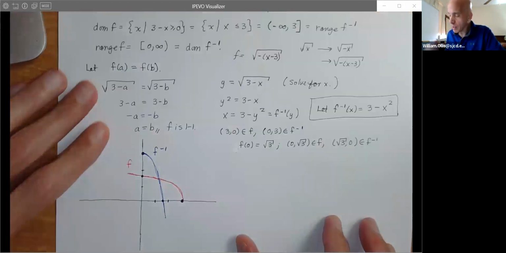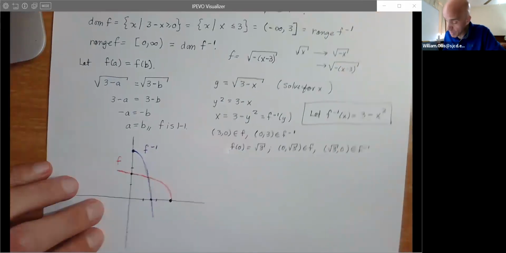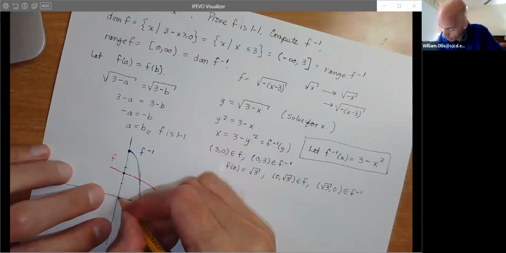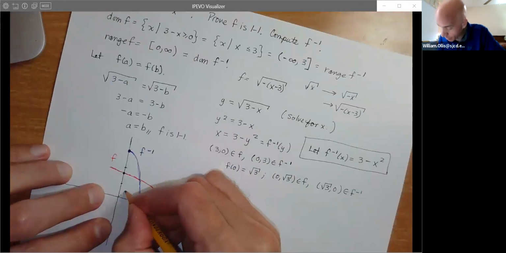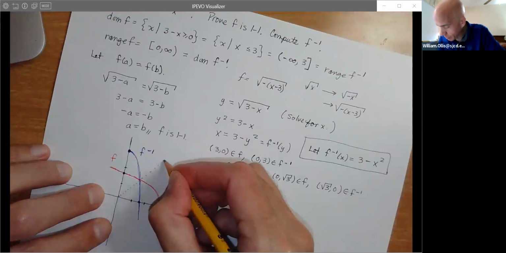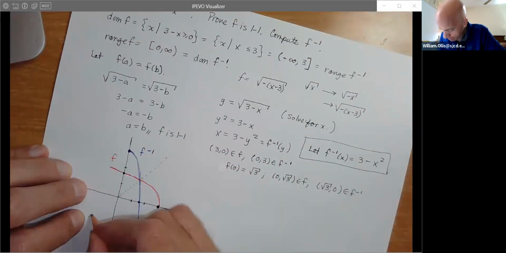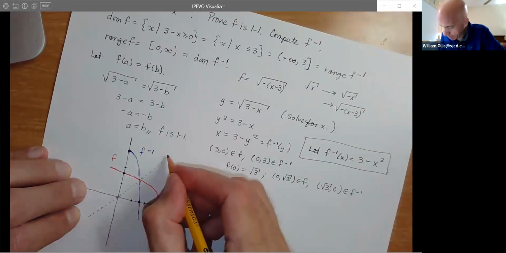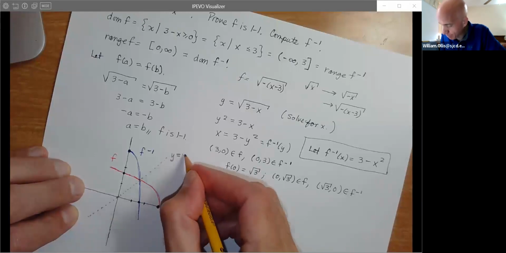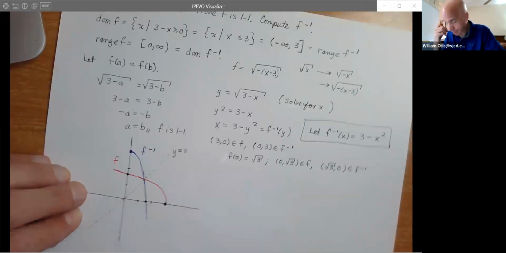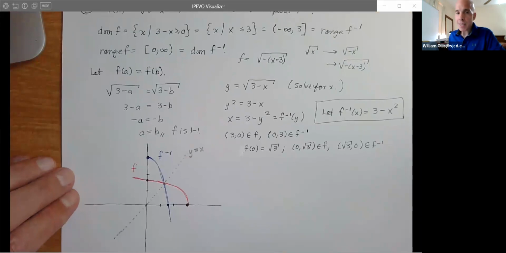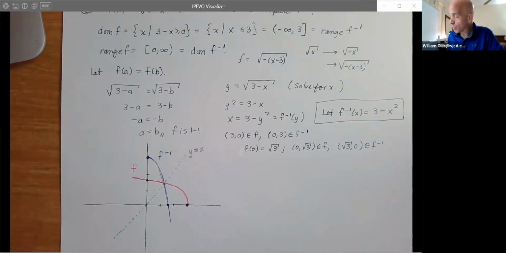What we're looking at here is, if they cross the line y equals x, the values have to be equal, clearly. This is y equals x, input equals output. So in this particular example, we can illustrate, like we did with the discrete problem, that we definitely have symmetry between the graphs.